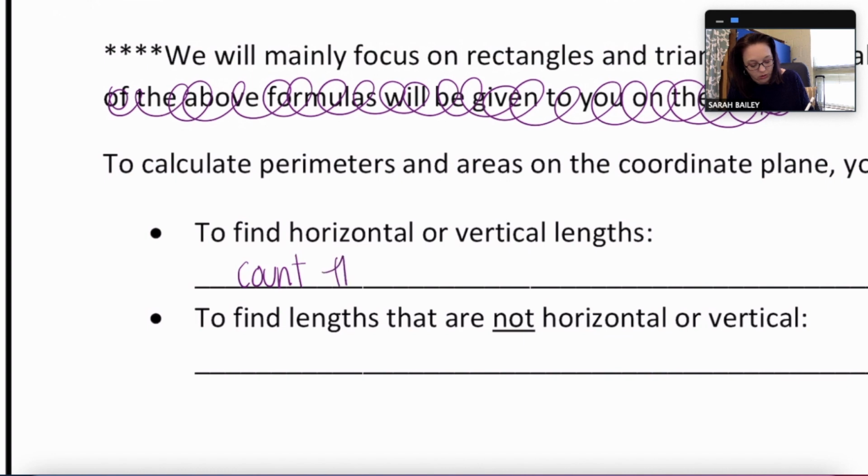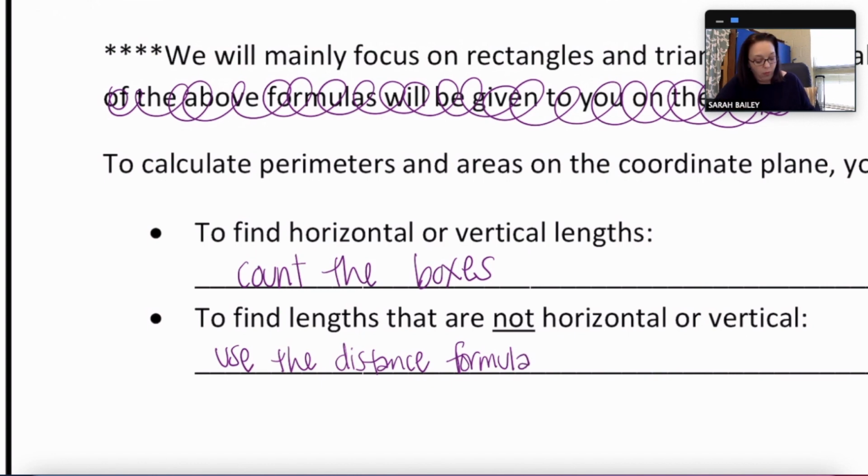Count the boxes. But if those side lengths are not horizontal or vertical, in other words, if they're diagonal, then we're going to have to use our distance formula. Remember the distance formula you learned back in a previous lesson. So I'm going to write use the distance formula. And then we'll write that formula down.